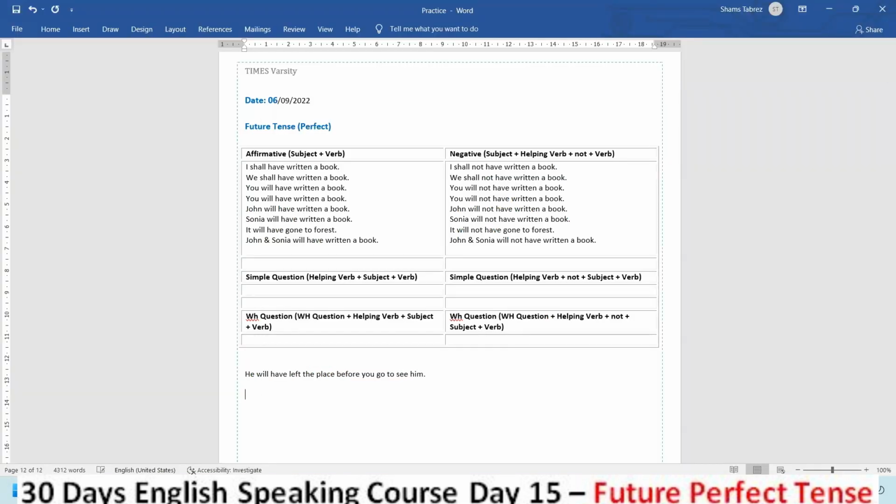This same message you can convey in another way. Before you go to see him, then comma is added. He will have left the place.